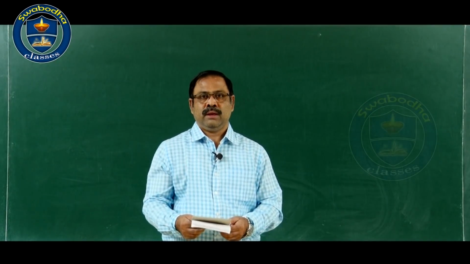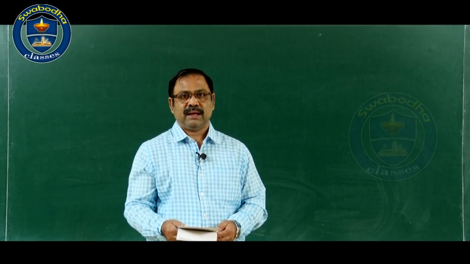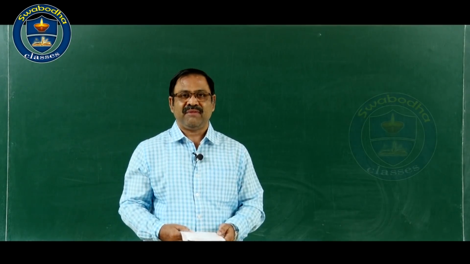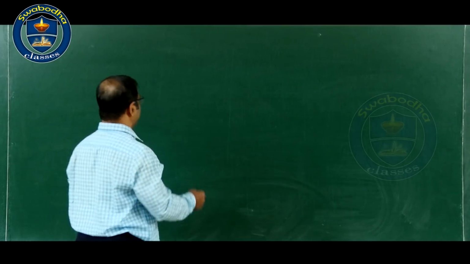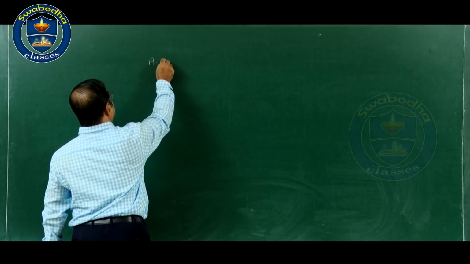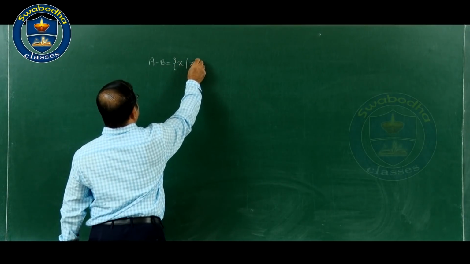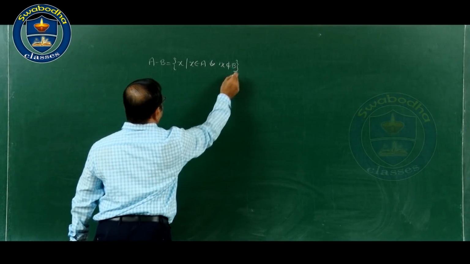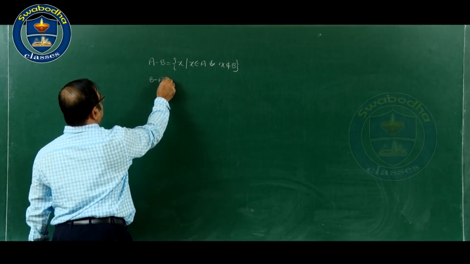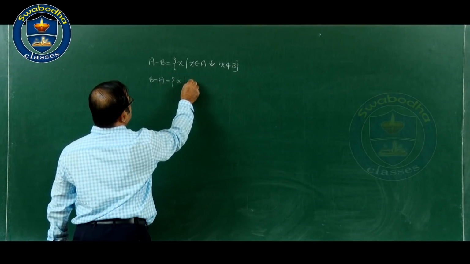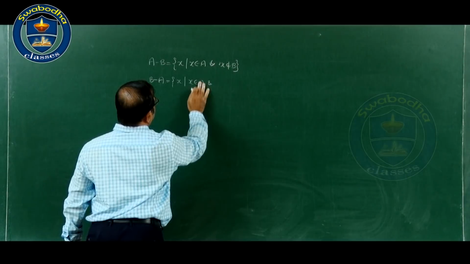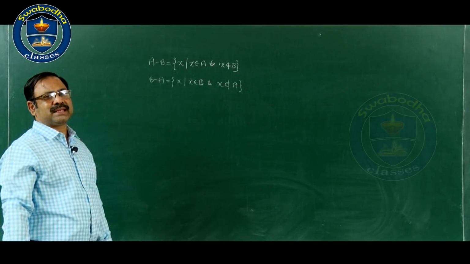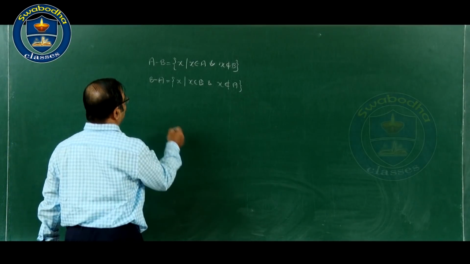Students, in the previous class I have explained complement and difference of sets. A minus B is the set of all x such that x belongs to A and x does not belong to B. Similarly, B minus A is the set of all x such that x belongs to B and x does not belong to A. Then we also discussed the complement of a set with respect to the universal set.